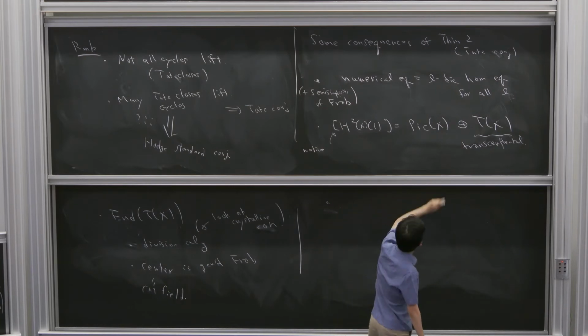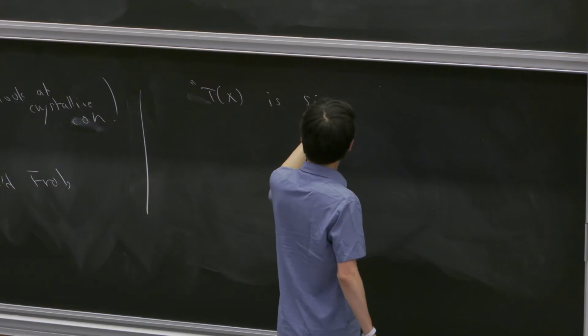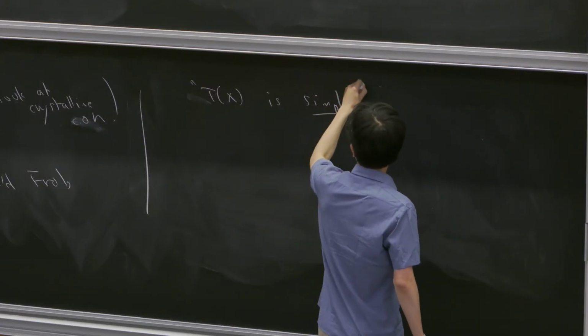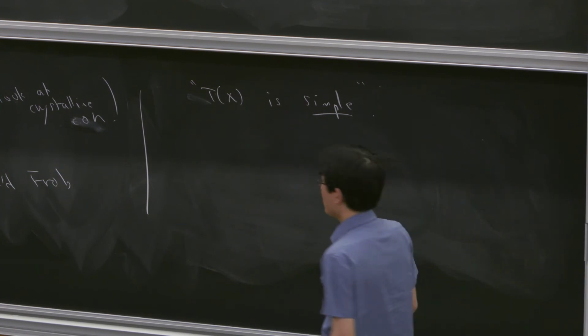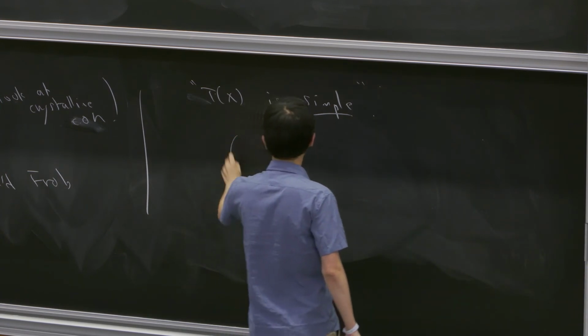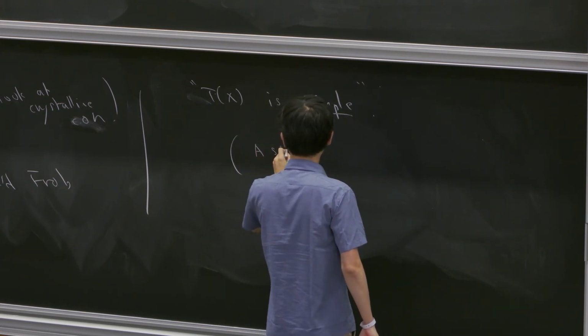So this implies this transcendental motive of X is simple in the category of numerical motives. And a similar claim is well known for complex K3 surfaces.